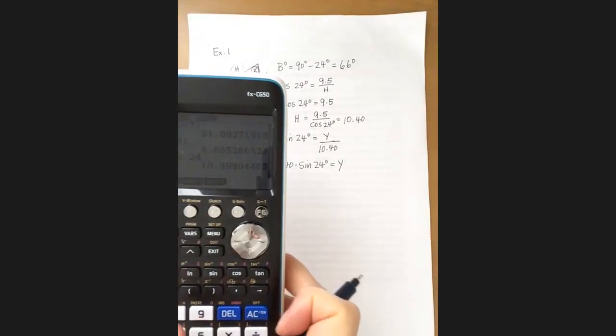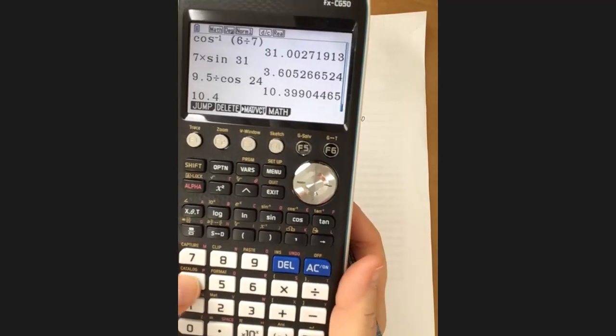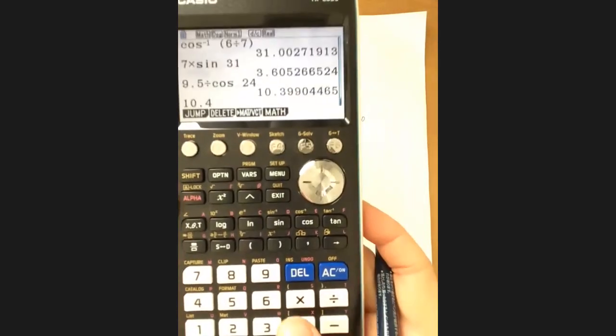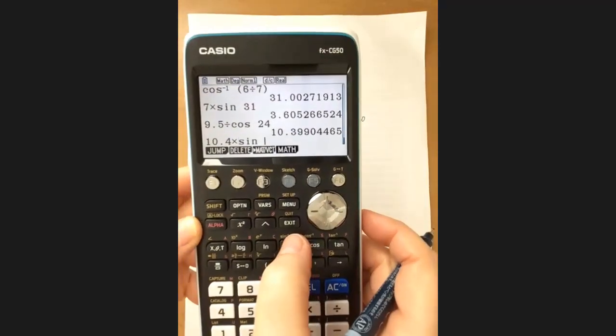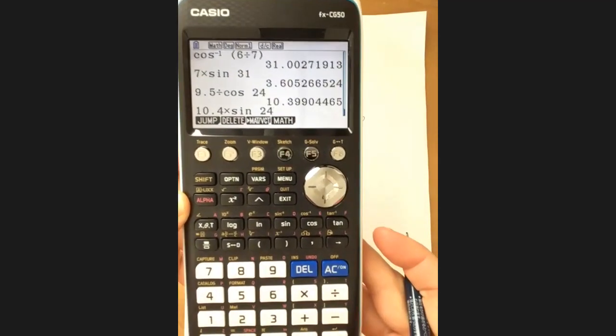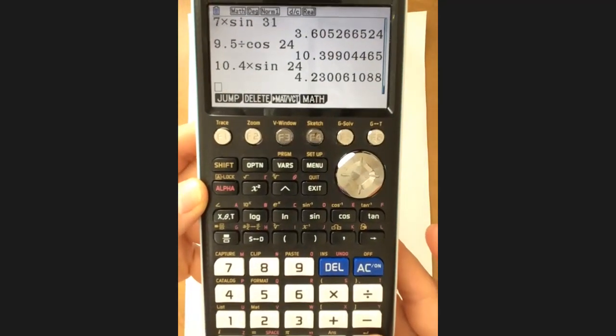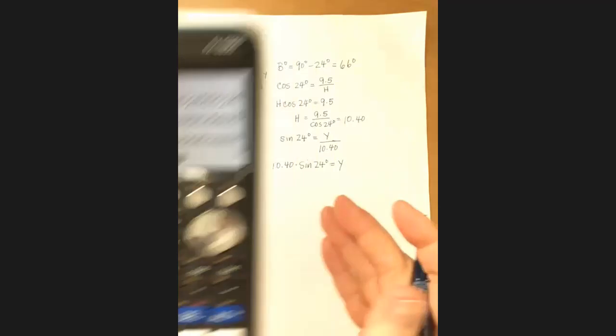In the same way, we just type in 10.4. We don't have to type in the extra 0. And then we're going to multiply that by the sine of 24 degrees. Press EXE, it's EXE on this calculator instead of an equals. And we get 4.23.